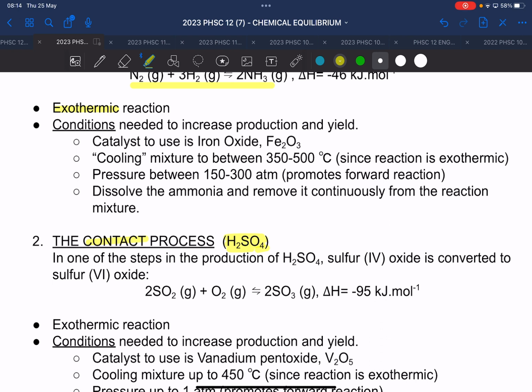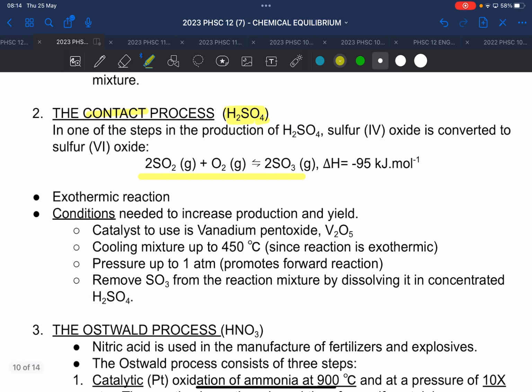This is the one step in the contact process that you have to know, but we've worked with it. I showed it to you. It was one of my examples today. Again, you can see it's an exothermic reaction, and to favor the forward reaction, you must cool it down, and they cool it to 450 degrees Celsius. Again, a relative concept.